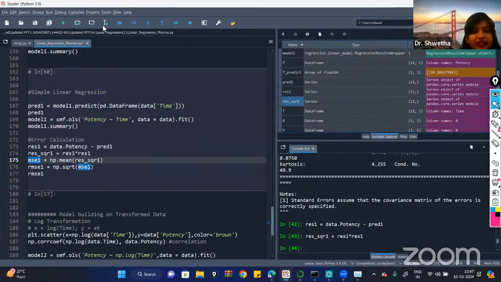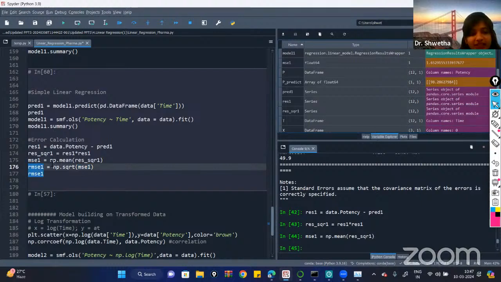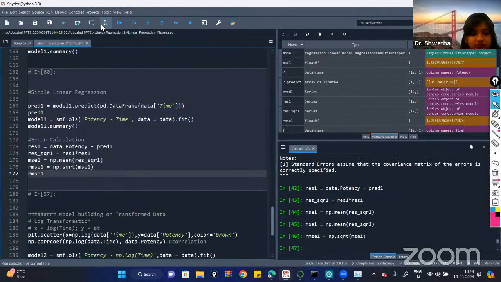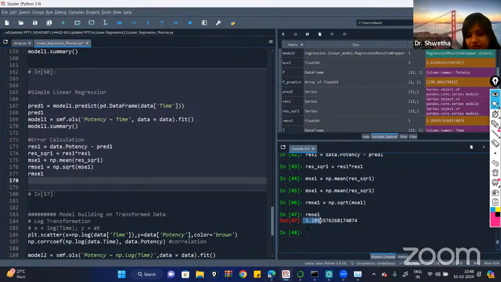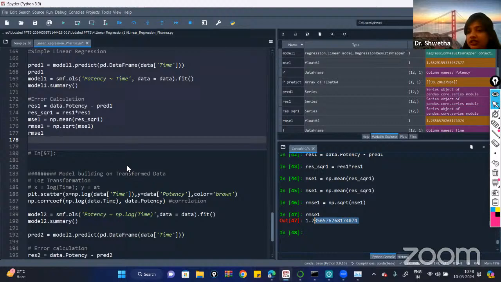Then we take the mean of the squares. np.mean is a function in the NumPy library, where np is NumPy. It calculates the mean of this value and stores it in mean squared error. Then take the square root of it and execute RMSE. So our root mean squared error is 1.28. Ultimately, we need fewer errors in our model. The lesser the error, the better the accuracy of the model.